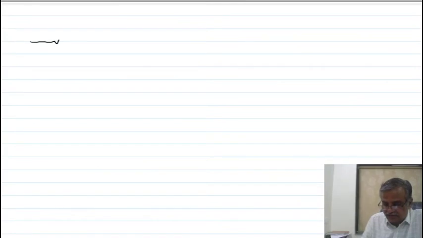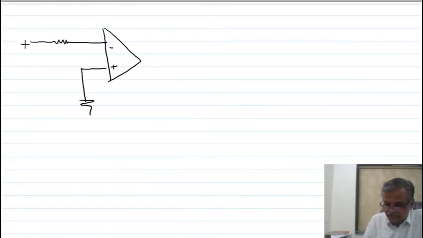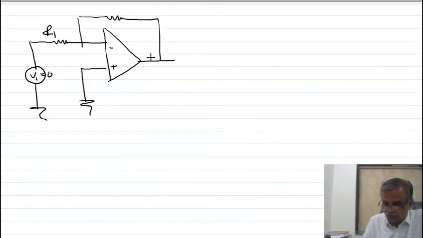Consider the basic inverting amplifier circuit as shown in the figure. For this circuit, the input signal is 0, so your expectation is that the output should also be 0.